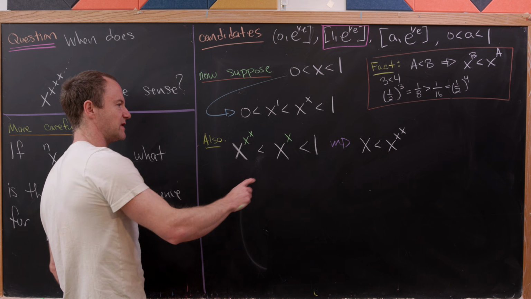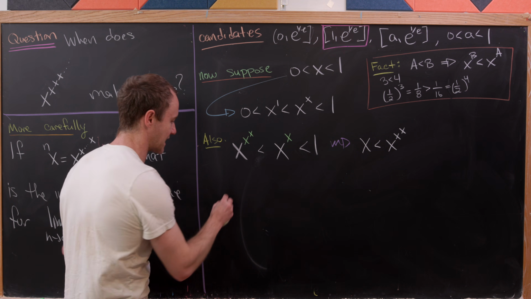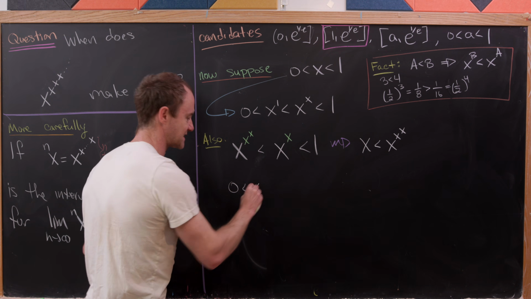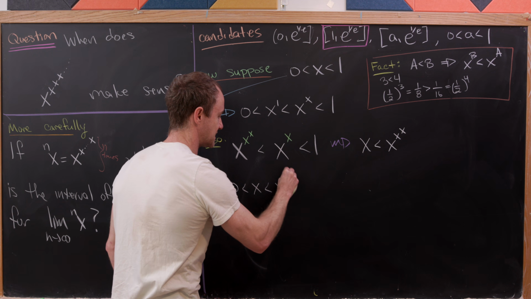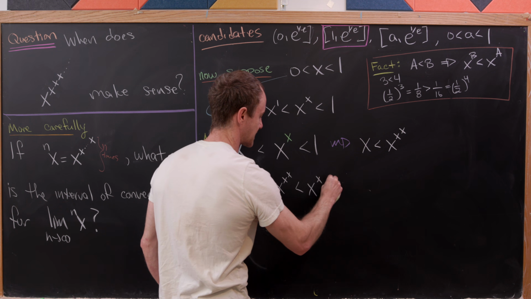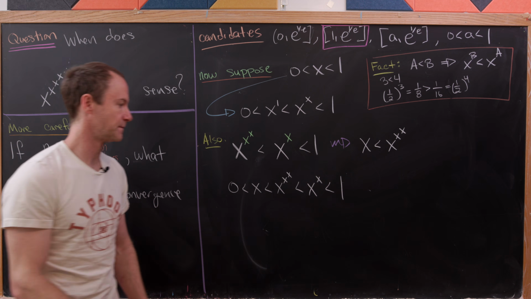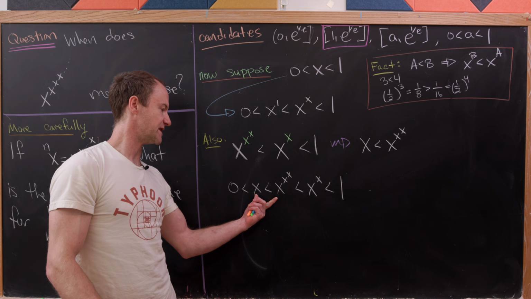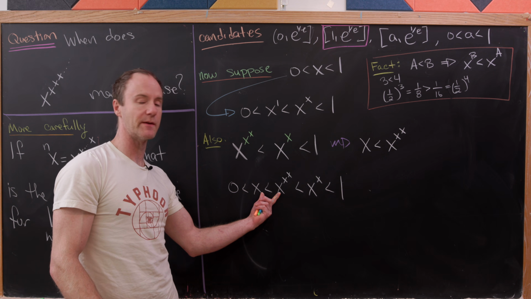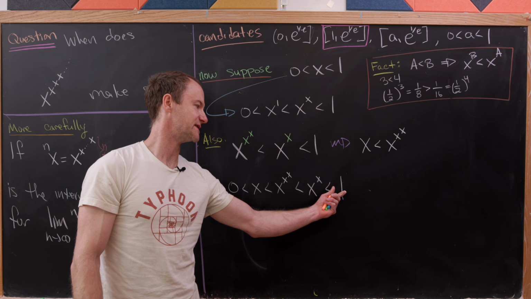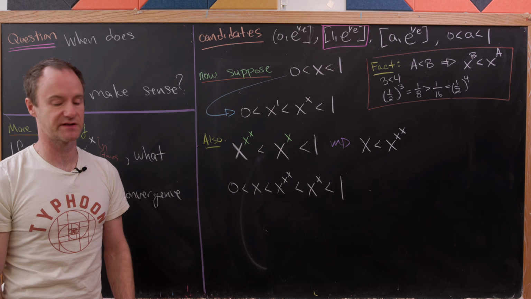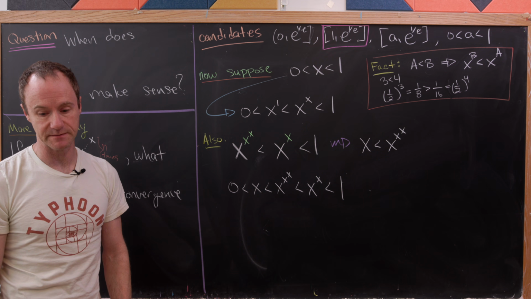Okay, so let's summarize that for just a second and notice that we have 0 is less than x, which is less than x to the x to the x, which is less than x to the x, which is less than 1. So notice that we've got 1 and 3 appearances of x on the left-hand side, and then 2 and 0 appearances of x on the right-hand side.